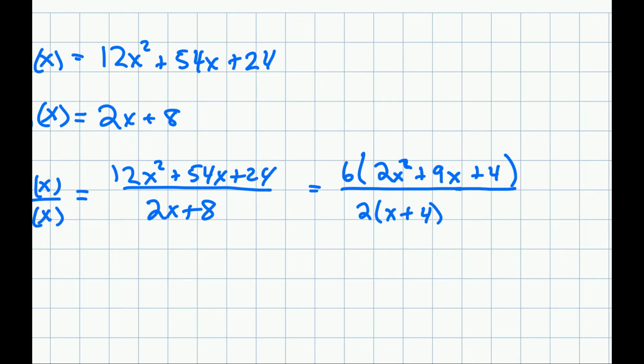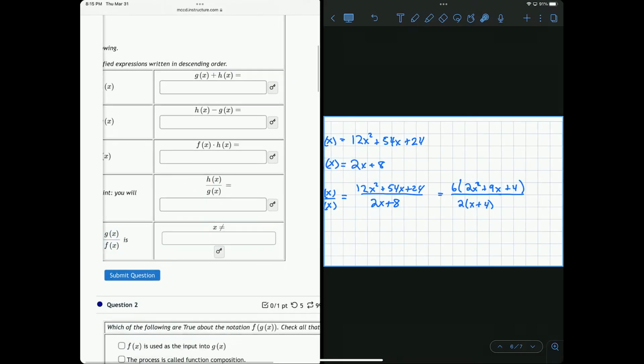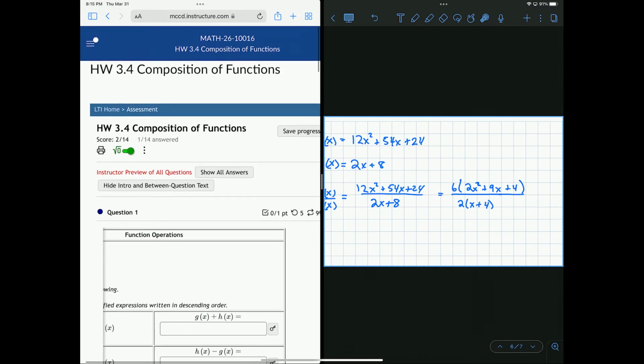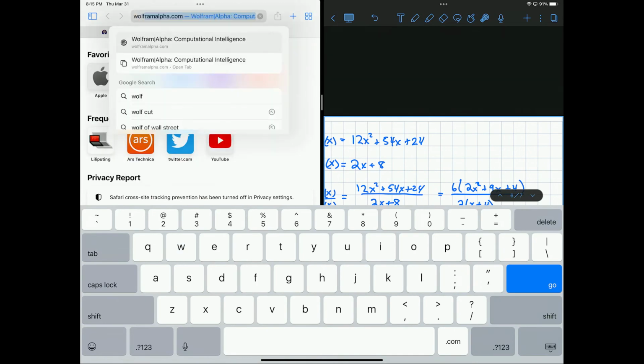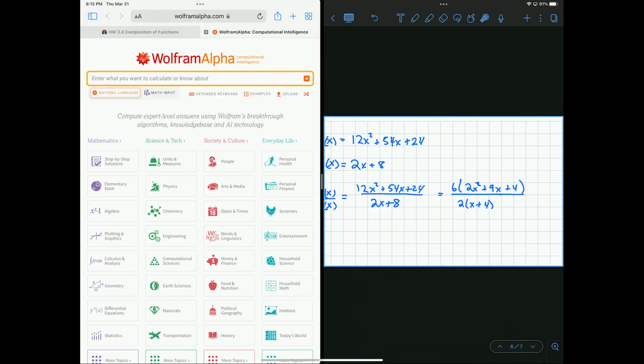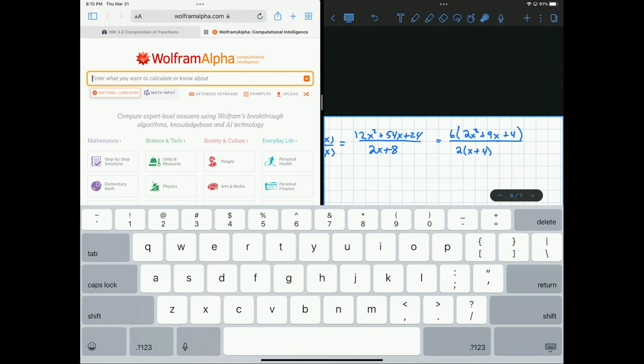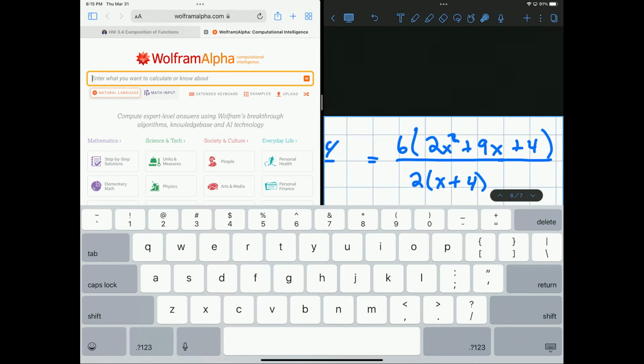I would really recommend that you just use a computer. Factoring stuff like that is probably going to be a waste of time in terms of how much time it takes versus what you get out of it. So let me go back to Wolfram Alpha. I'm not going to simplify the whole thing here. I am just going to factor it.